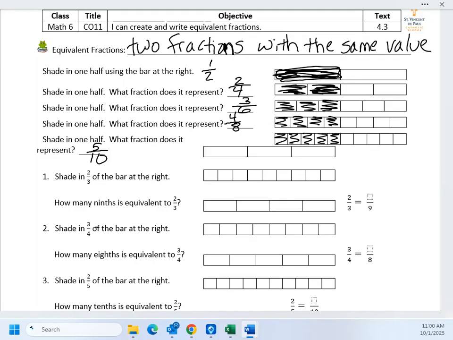Yours should be straight across from it. Can we see how that 1/2, multiply it by 2, and we got the 2/4? Same value. That 1/2, we multiplied it by 3, we got 3/6, same value. Those are equivalent fractions. We're shading in the same amounts on our bar, equivalent fraction.